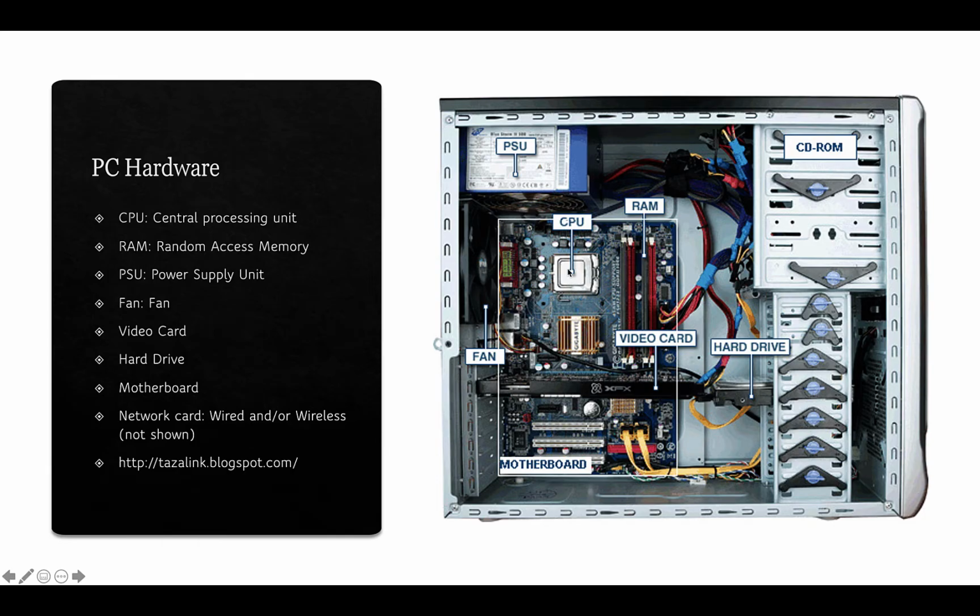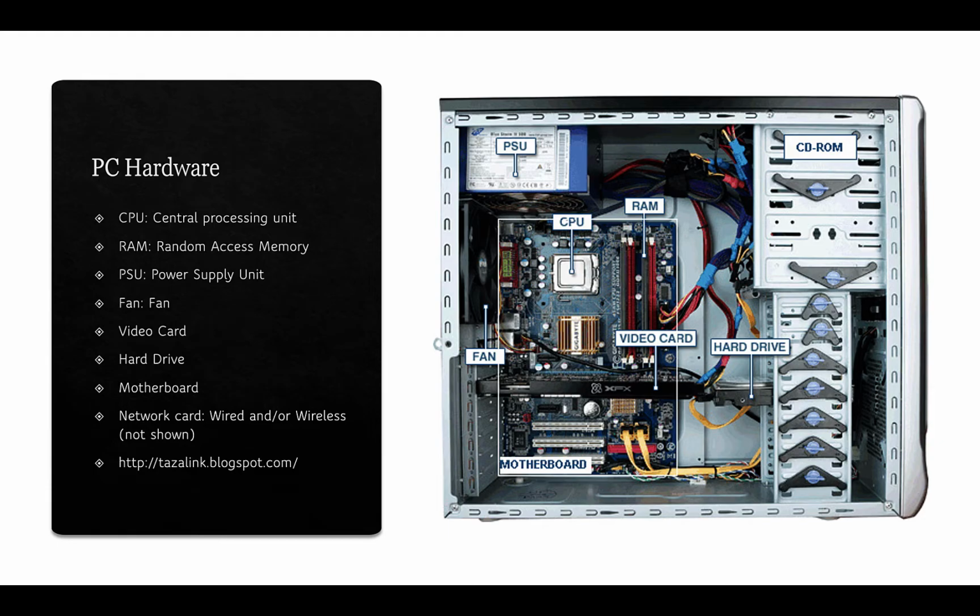The CPU is going to generate quite a lot of heat, and so the fan is there to keep it cool. Now, in more sophisticated setups, we'll have potentially liquid cooling of the CPU and also potentially the video card. The video card is the thing that drives your display and manages that.